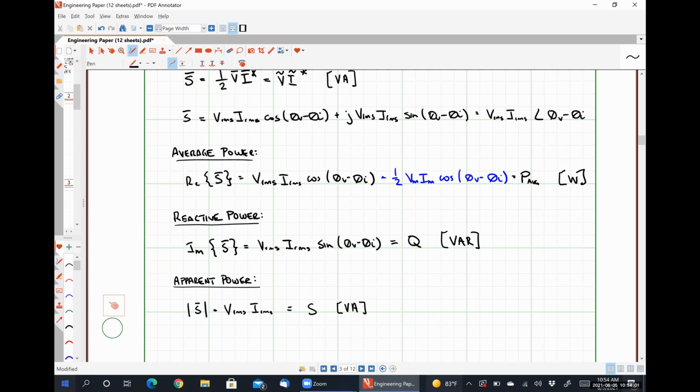And I say it's the worst case scenario because it doesn't take into account any phase angle differences between the voltage and the current at all. It's simply the product of the magnitude of the voltage and the magnitude of the current. So it represents the maximum amount of power that that load could potentially absorb under the worst case conditions. And so that's why we design towards it, okay?